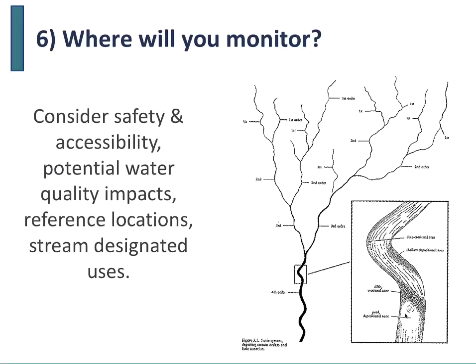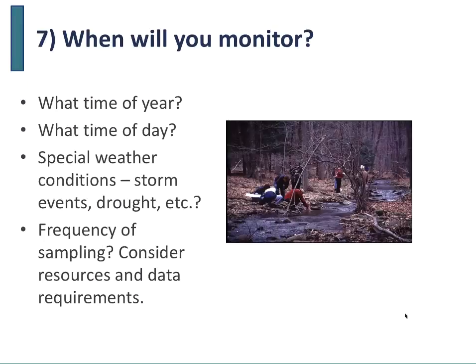As a service provider, it's really important that you keep bringing up things like safety and accessibility, thinking through things like having reference locations and streams with diverse designated uses, looking at your best of best streams and streams that aren't ranked as highly. And this map is a little bit fuzzy, but it looks at, are you looking at first order, second order, third order? And then if you're looking at a stream location, for example, where within the stream are you sampling?